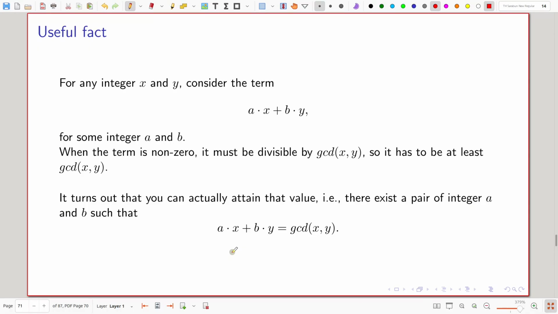But you can actually find a and b such that this is true. For fixed x and y, you can find a and b such that a times x plus b times y equals the GCD of x and y, okay? And with this a and b, we can find the multiplicative inverse.